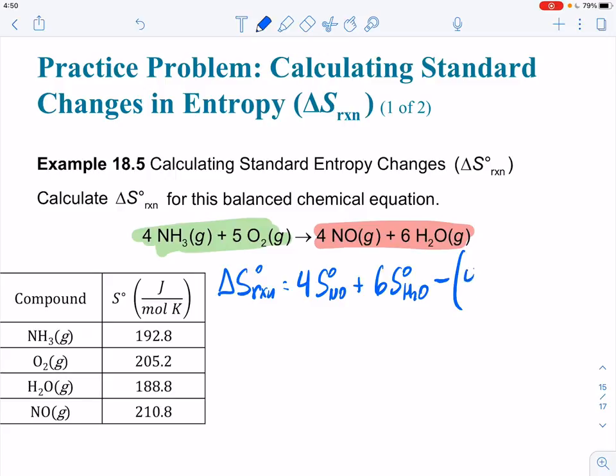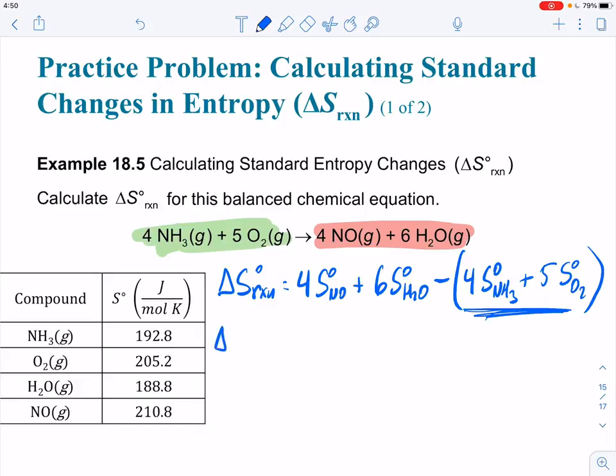So that is 4 entropies of ammonia plus 5 times the entropy of oxygen. Remember, you are subtracting everything in the reactant side. I'm just grouping them with the parentheses.